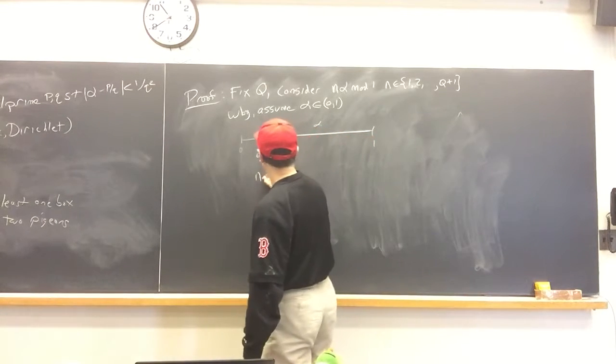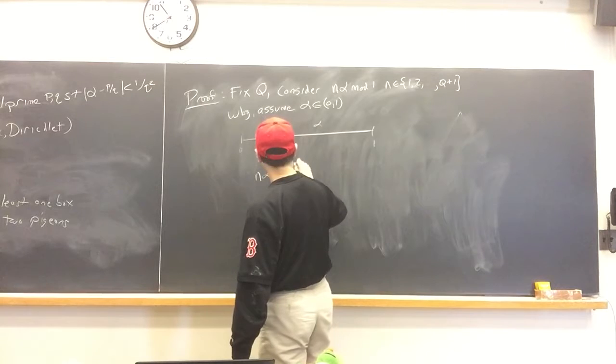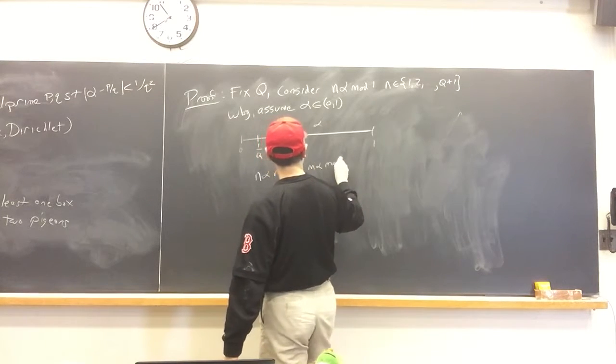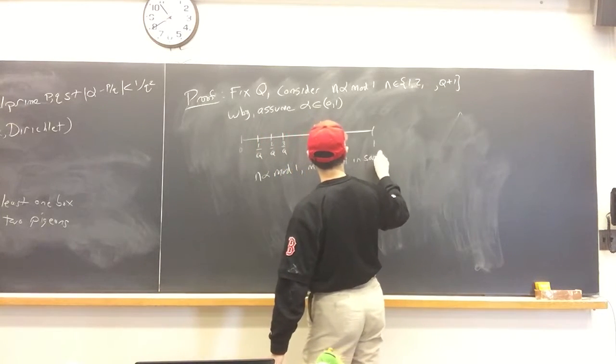So assume n alpha mod 1 and m alpha mod 1 are in the same box.